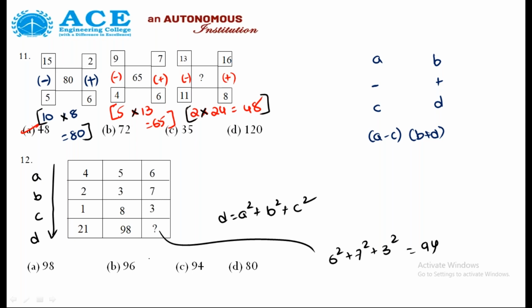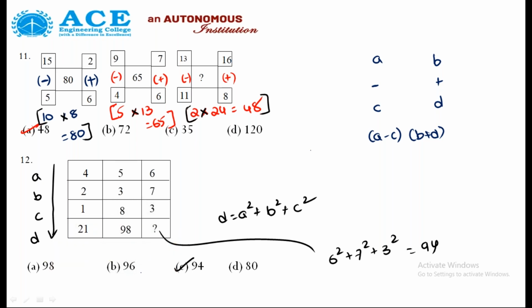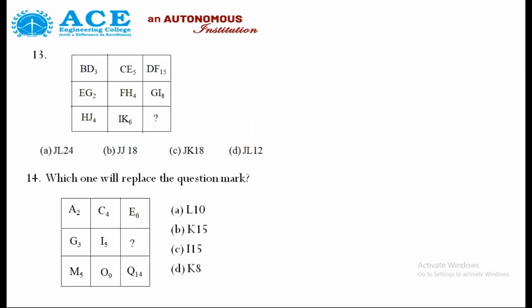Yes, 94, my dear friends. Got it, option C, 94 we have to get. See the next one. Now, see, they may ask you in terms of letters combination as well.